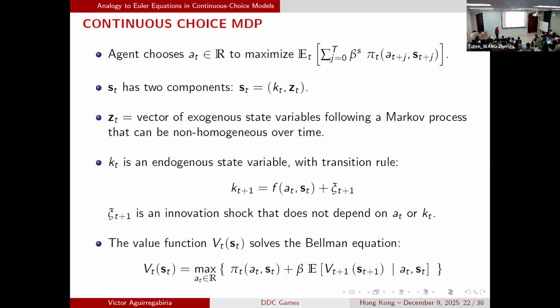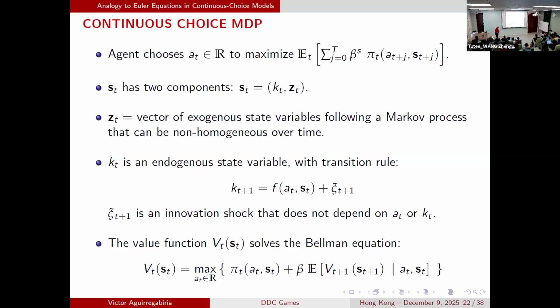This is important: similar to the finite dependence property needed to derive the Euler mapping before, for the derivation of the Euler equations in dynamic decision models we also need to impose some restrictions on the transition probabilities of the state variable.